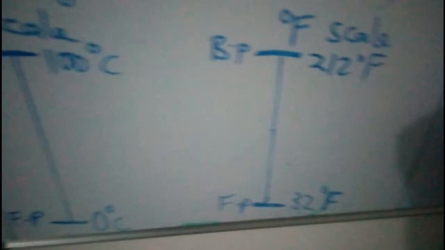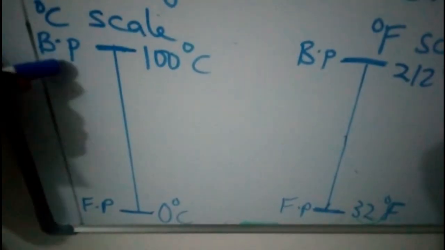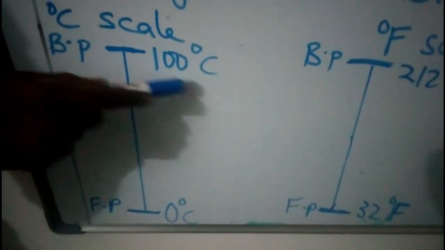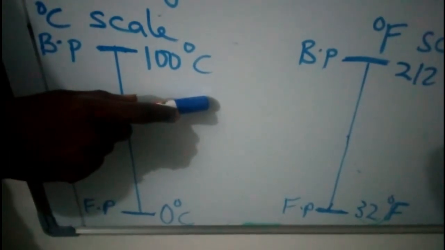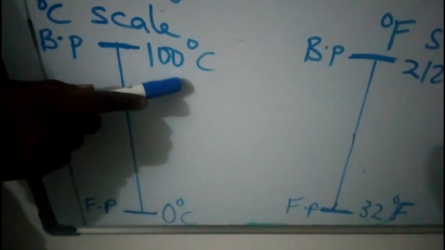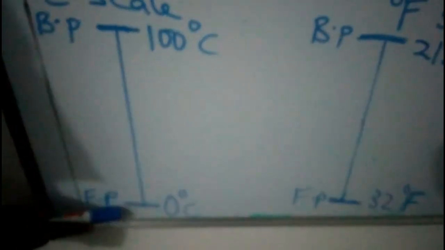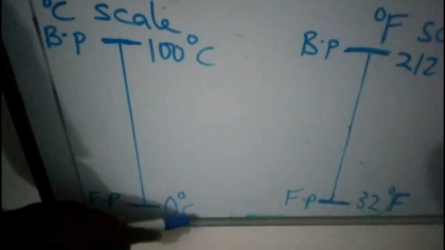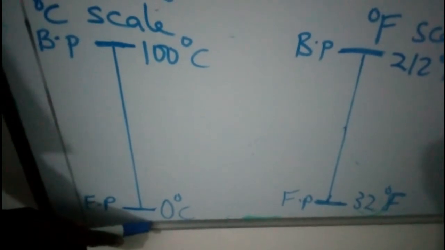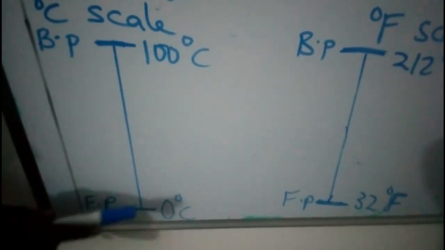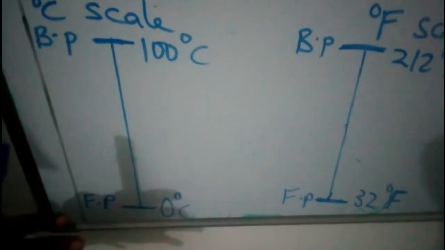The boiling point on the degree Celsius scale is 100 degrees Celsius, the temperature water gets to and starts boiling. The freezing point on the degree Celsius scale is 0 degrees Celsius. It means when water gets to 0 degrees Celsius, it starts freezing.